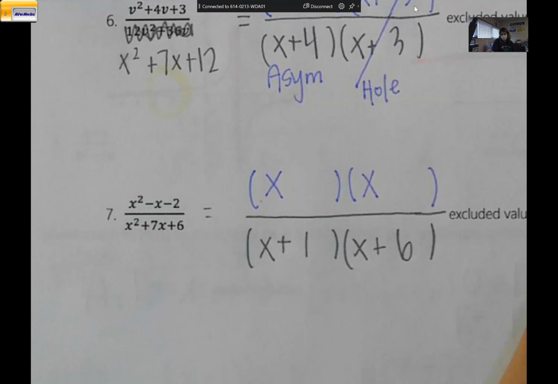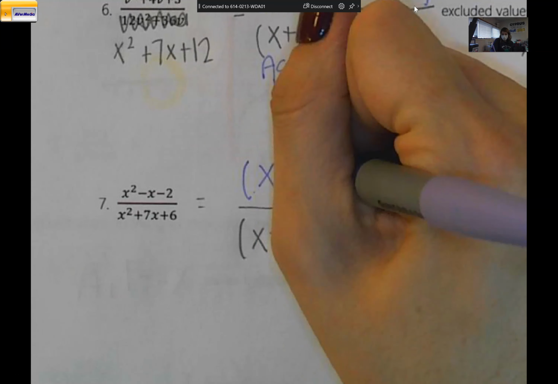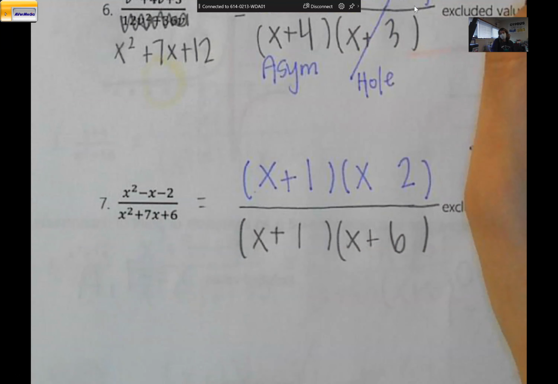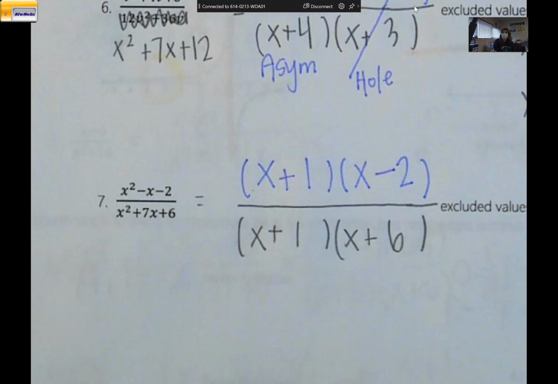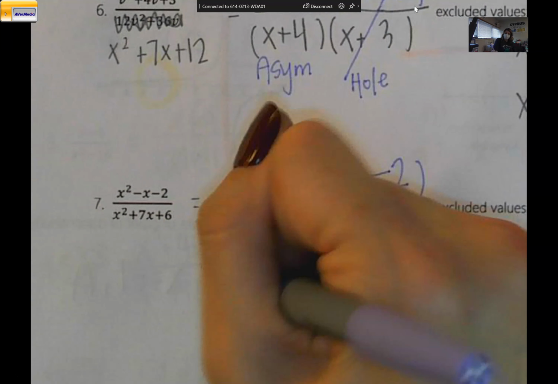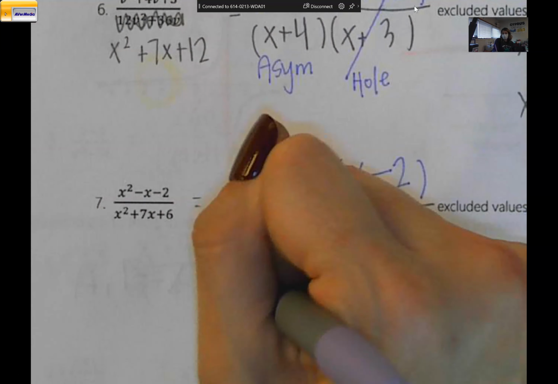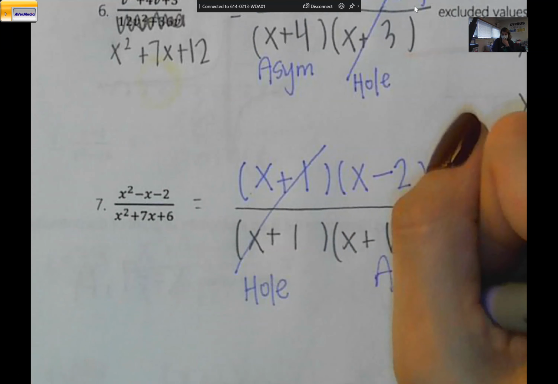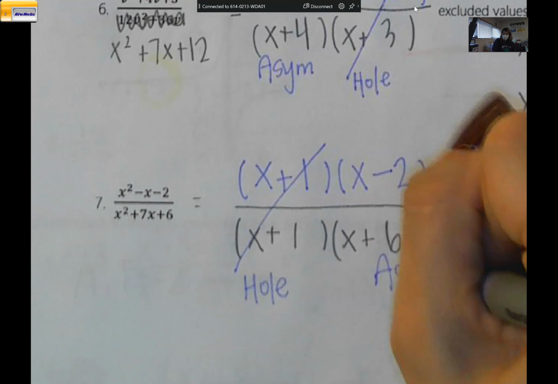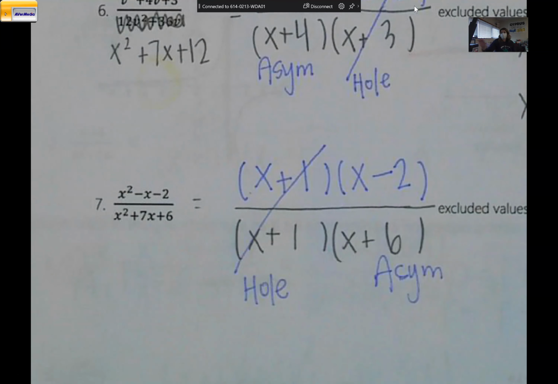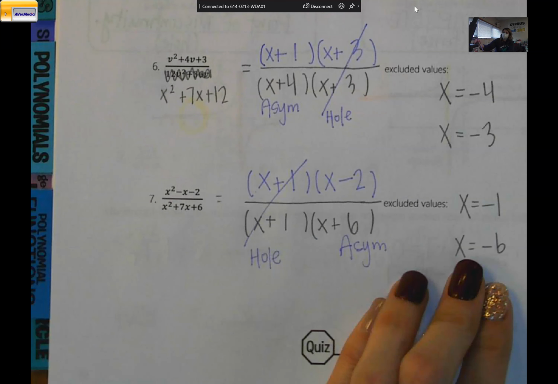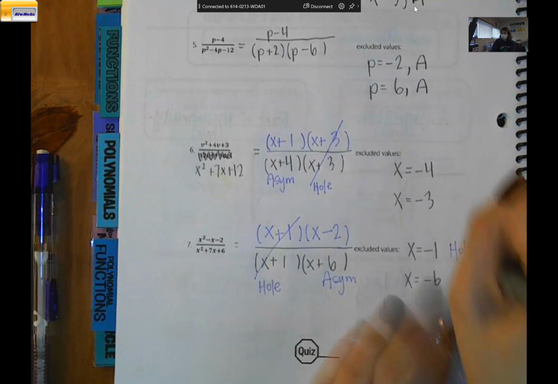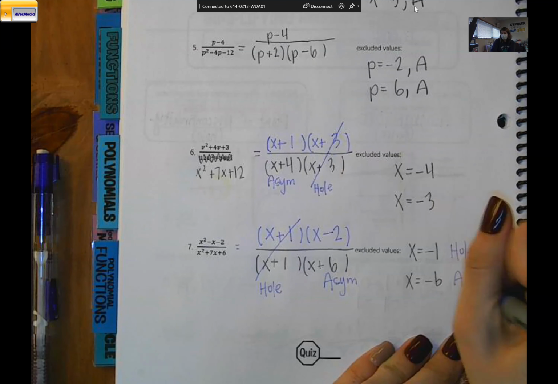What are they this time? What's your signs? Perfect. And yep. So this time, -1 is your hole, x plus 6 is your asymptote. So over here, if I'm doing this on my quiz, I would say -1 is my hole, -6 is my asymptote.